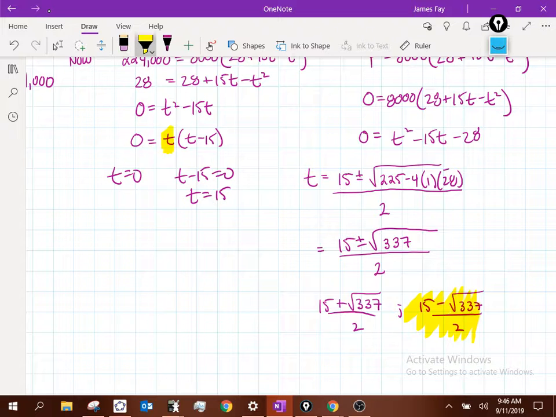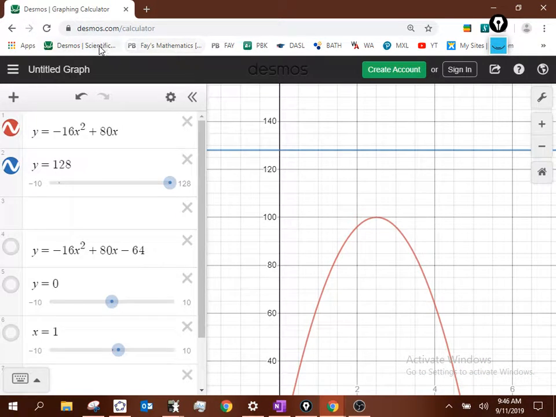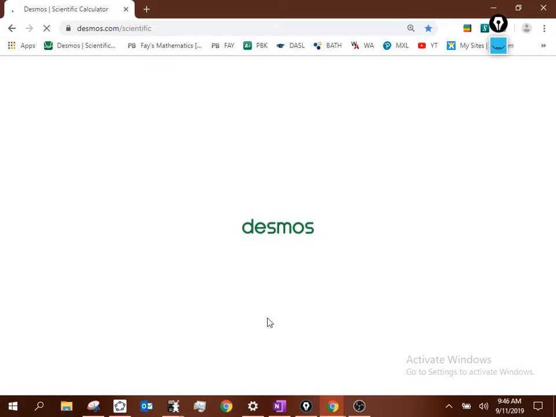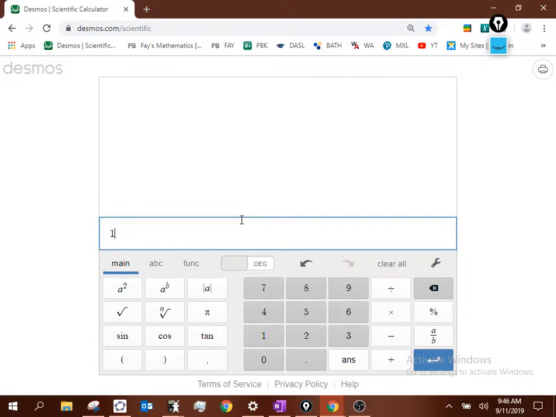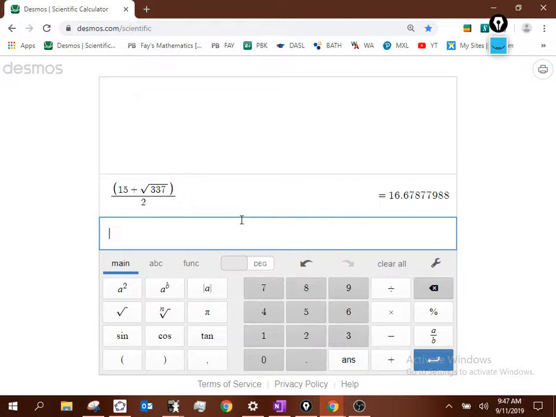This number is positive. But if I take that number, let me get Desmos open here real quick. Let's use this one. If I go 15 plus the square root of 337, divide that by 2, gives me 16 years, 0.67 of the 17th year, right?